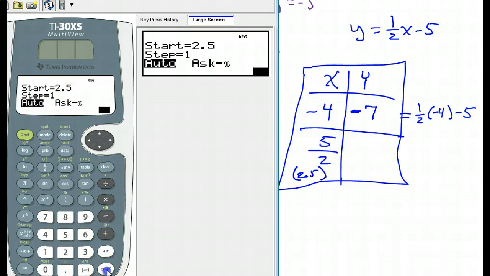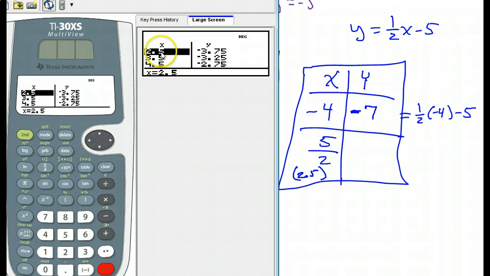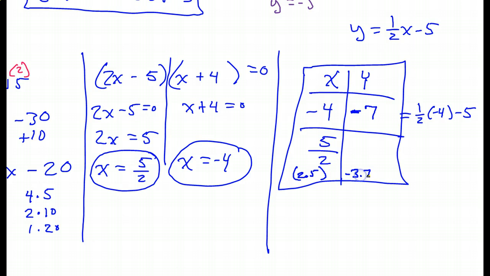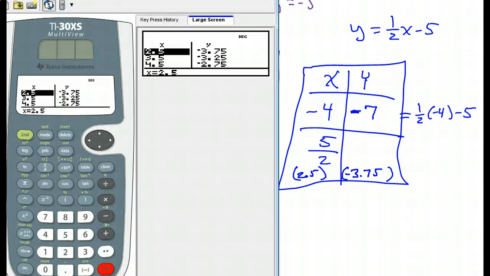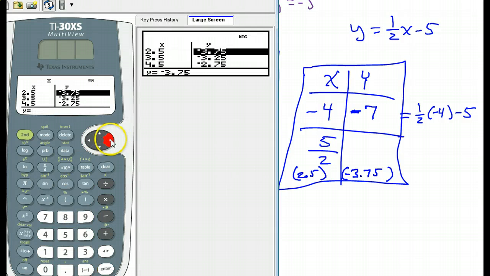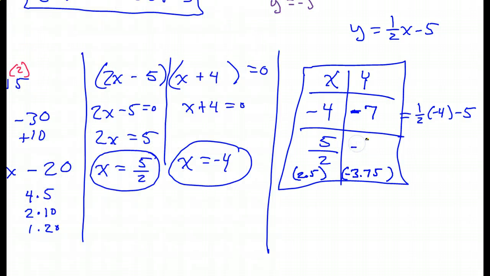Anyway, let's take a look. So at 2.5, we have -3.75. Which, by the way, as a fraction is -15/4.